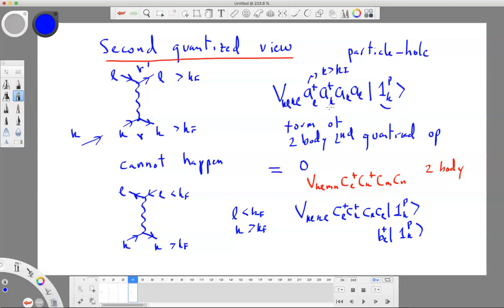So A's will be operators creating and destroying electrons above the Fermi energy, and B's will be creating and destroying holes below the Fermi energy. So now this C here is turning into the creation of a hole. The destruction of an electron below the Fermi energy is the same thing as creating a hole below the Fermi energy. Then we need to destroy an electron above the Fermi energy.